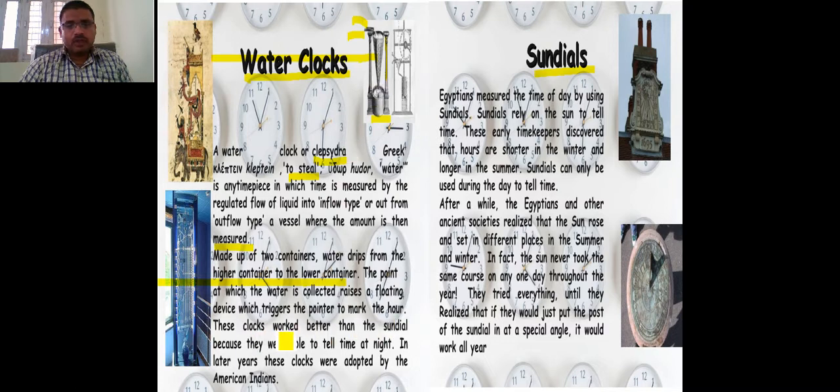These clocks work better than the sundial because they were able to tell time at night. The sundial is basically an instrument which works only in daytime, when sunlight falls on the dial, and at that time it shows the time.